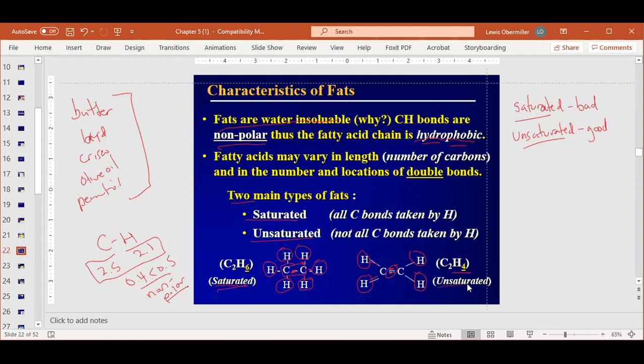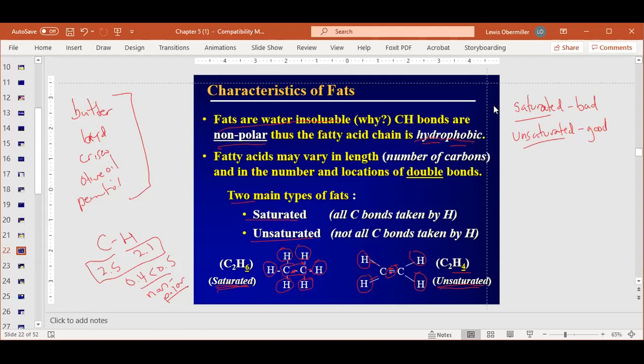Because it doesn't have as many hydrogens as it can have, it's considered unsaturated, whereas this would be called saturated. Do you guys get the difference between the two? If you just want to simplify it, you could say throwing a double bond in there makes it unsaturated, whereas not having any double bonds makes it saturated.